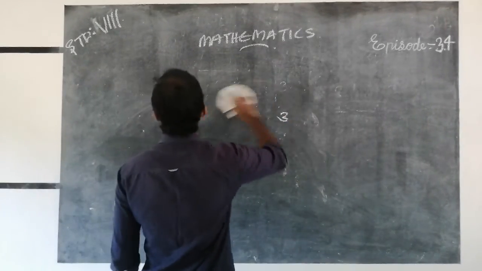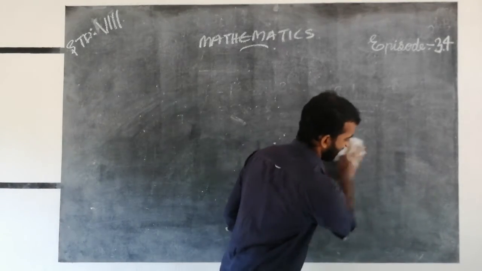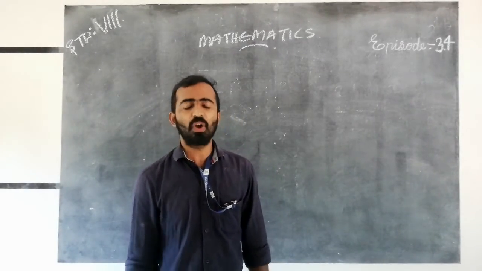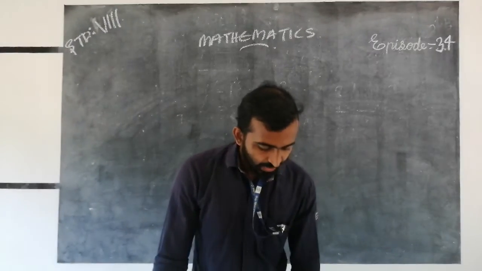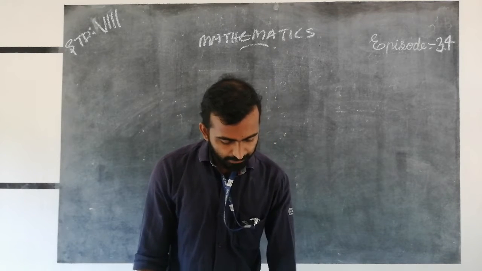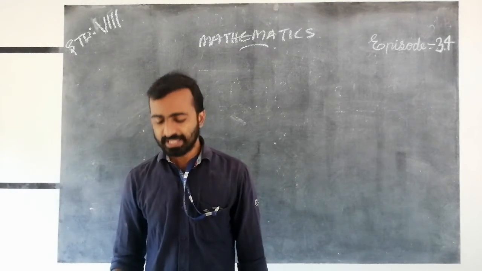Next is the Try This. Our first question is: express the following numbers as the sum of odd numbers using the above pattern. First is 6 cube.